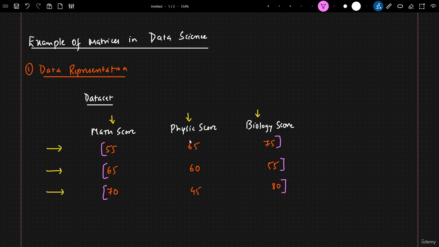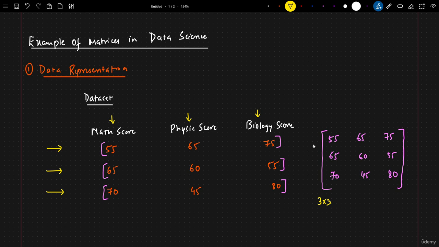And here, when we combine all these vectors, we can form them in the form of a matrix. So now this will be displayed in this way. I can use a matrix and combine all these vectors. Okay, this will be my second row with all these marks, and this will be my third row with all these marks. Okay, so here in this matrix, our matrix shape is nothing but 3 cross 3.